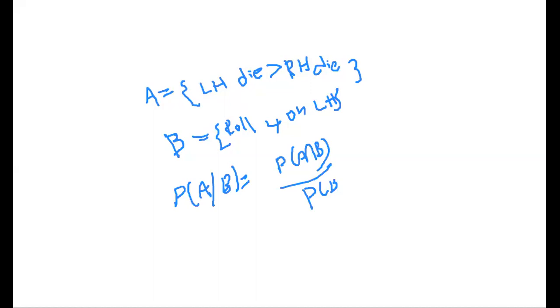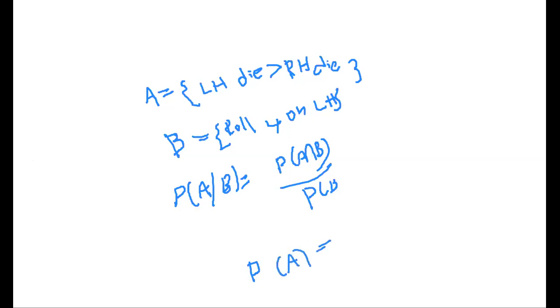Now, what is probability of A? Probability of A is nothing but number of elements in A divided by number of elements in the sample space. So how many elements do we have in A?